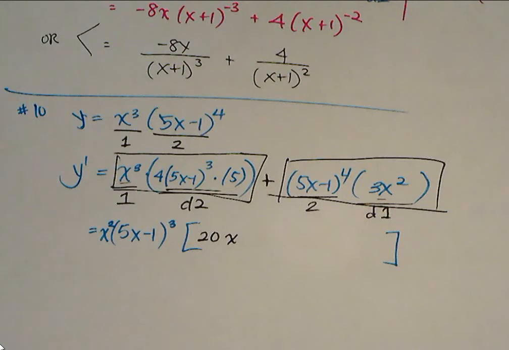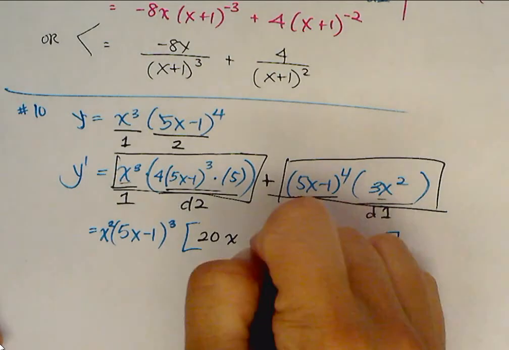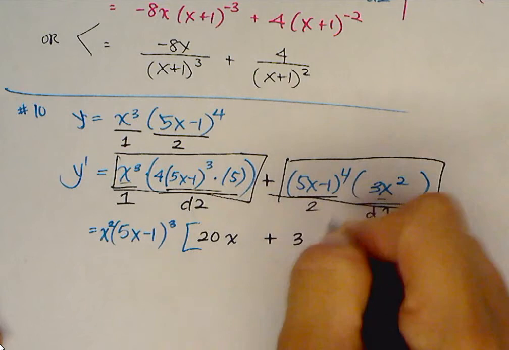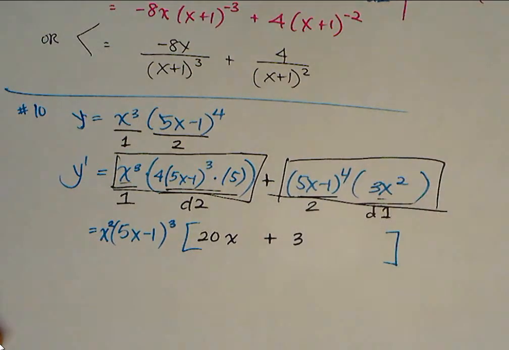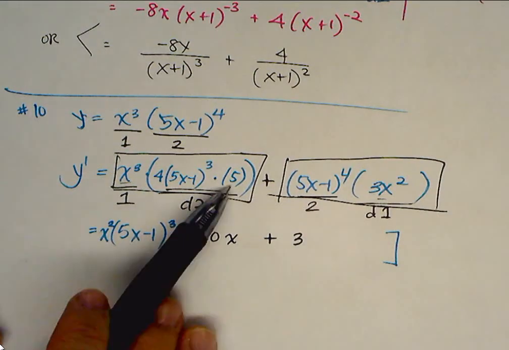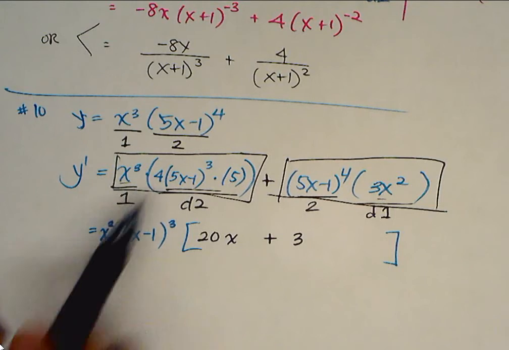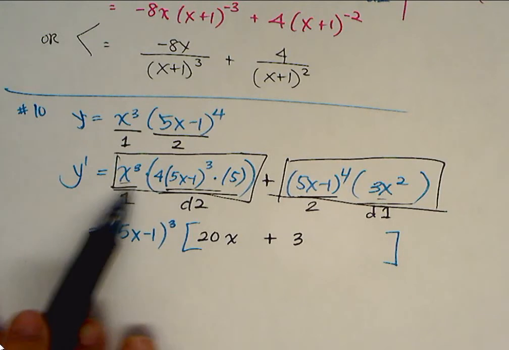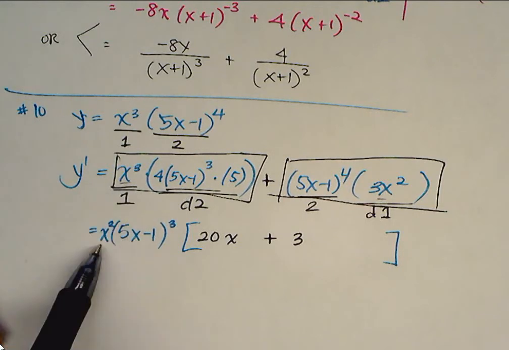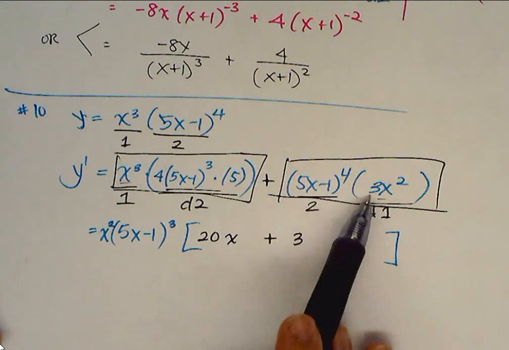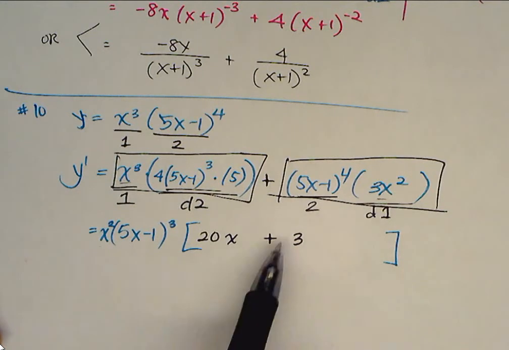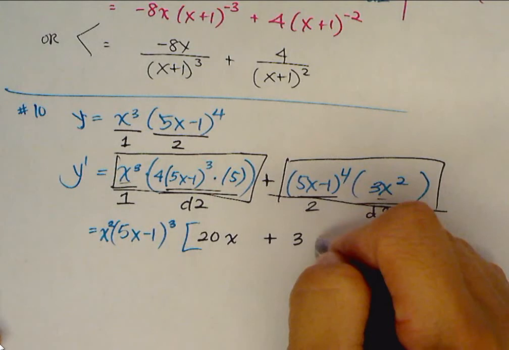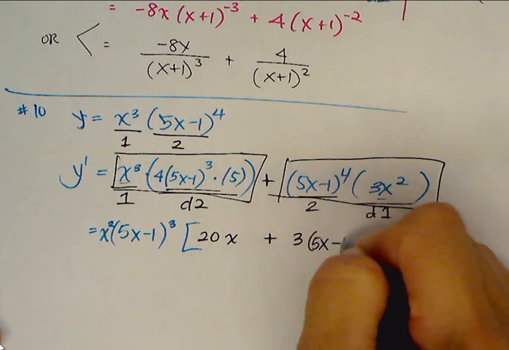Why do you have 20x? Because I had the 5 times 20 here. And where did x come from? Because there's x cubed, but I factored out x squared. And then we have 3x squared, so x squared came out, so we just have 3 left. And we have 1 multiple of 5x minus 1.